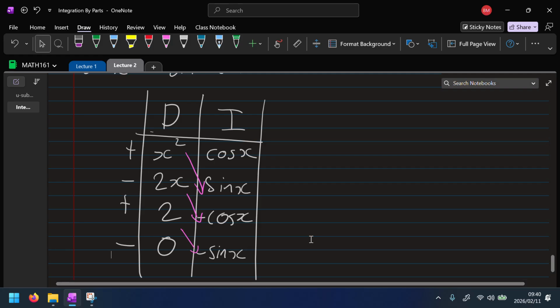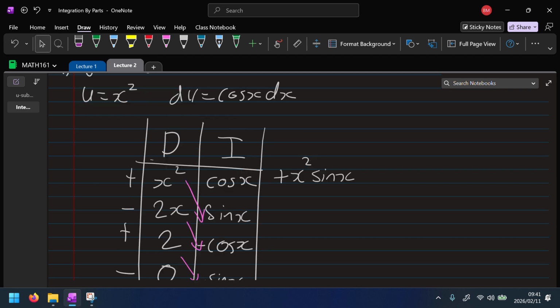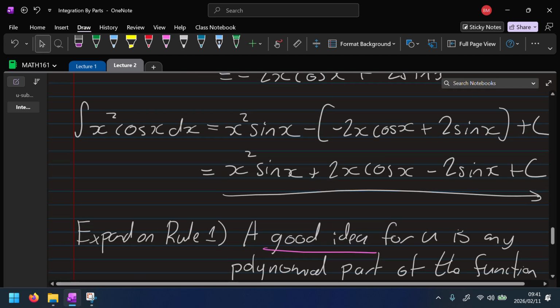So the first term, it's a plus x squared sine x. So we write that down. You don't have to write the plus in front of it, but it just shows you that we're using the plus. So 2x times minus cos x is minus 2x cos x, but we got another minus there. So that will be a plus. That's the second term from our answer.